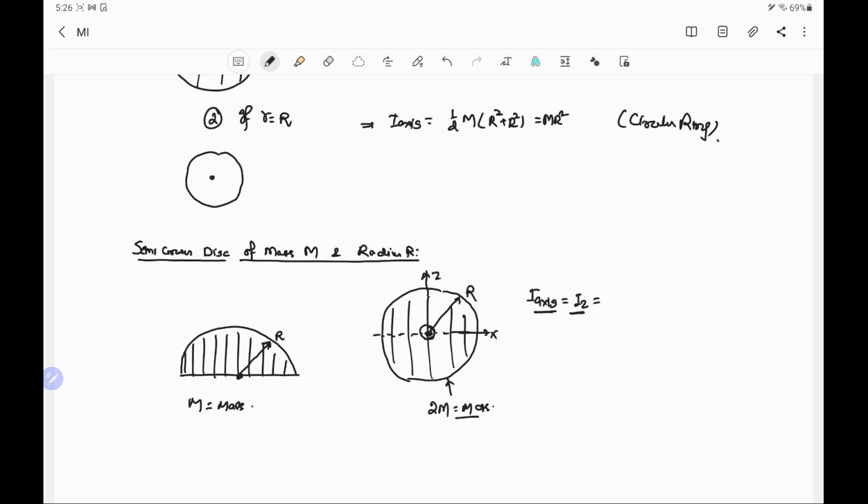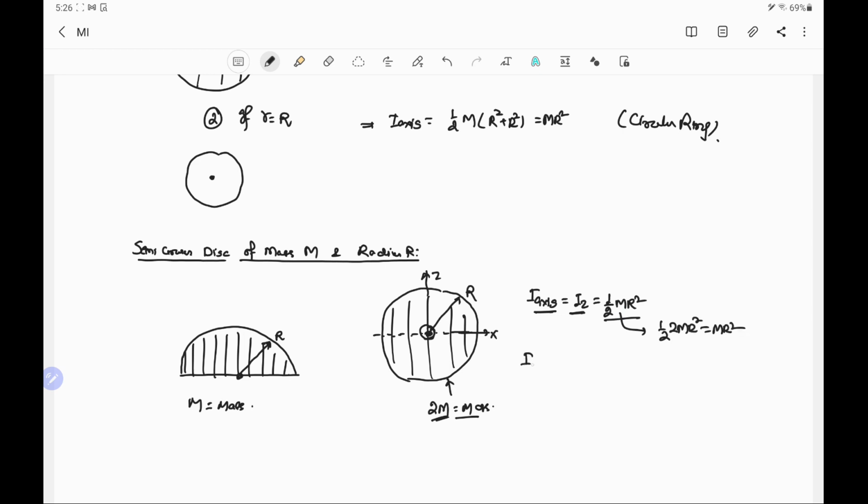This we represent by Iz, and for the circular disk it is half mR². Because here the mass is 2m, we use not the mass m but 2m, so it is half 2m R², that is equal to mR².